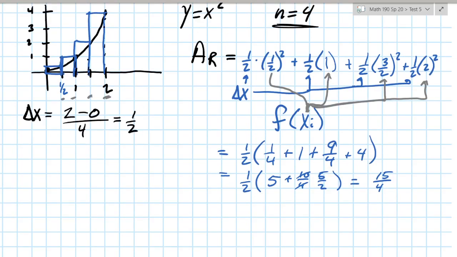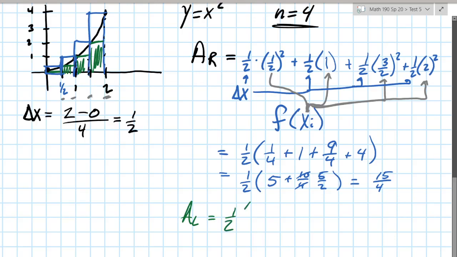Alright, so now using the left-hand endpoints. So now I'm going to have an underestimate because when I make my left-hand endpoints, notice all of my rectangles are below the curve for these. The base of each of these is 1/2, and the heights are just the y values at the left endpoints. So when x is 0, we have 0 squared plus 1/2 squared plus 1 squared plus 3 halves squared.